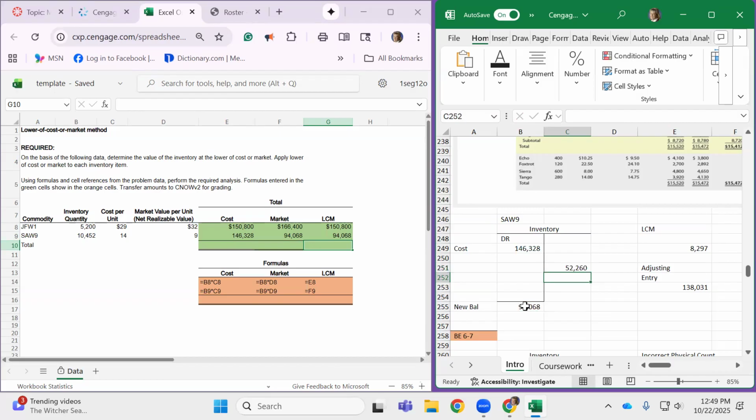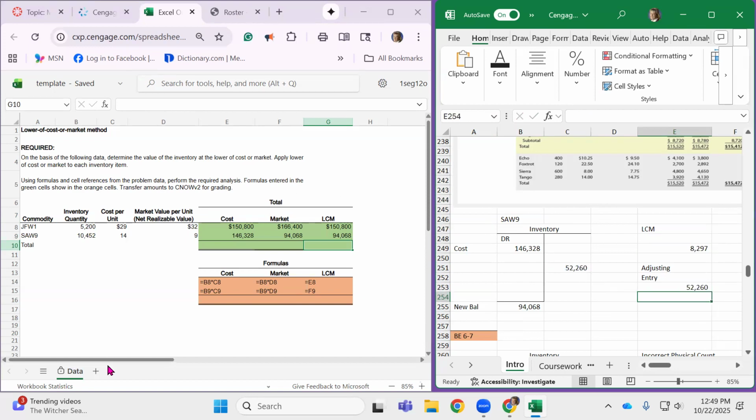The difference between what we had on our books and what the market says is $52,260. That's the lower of the cost or market. So we're going to mark it down, right? The adjusting entry, let me go back. The adjusting entry is going to bring down inventory here.